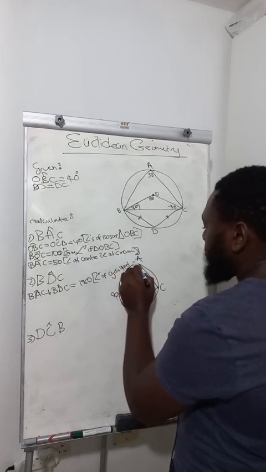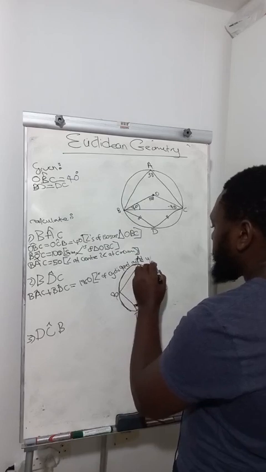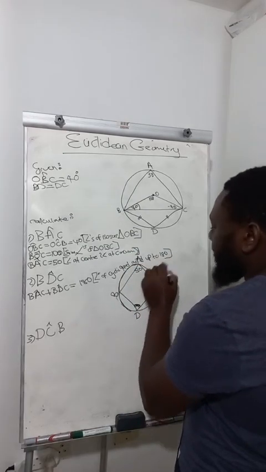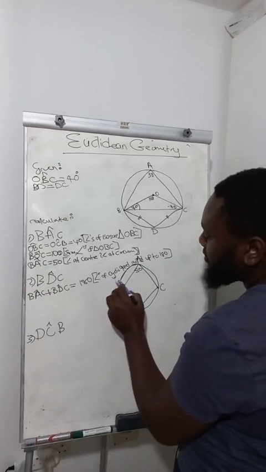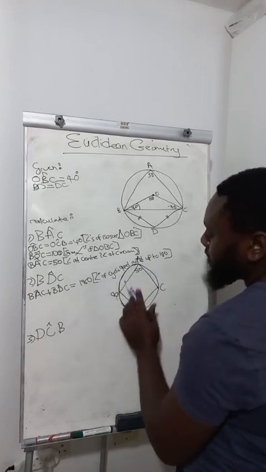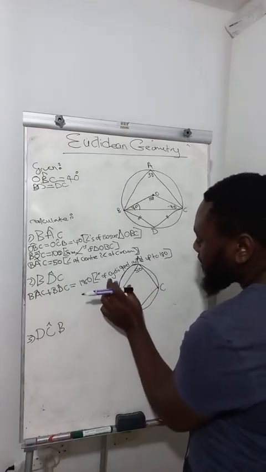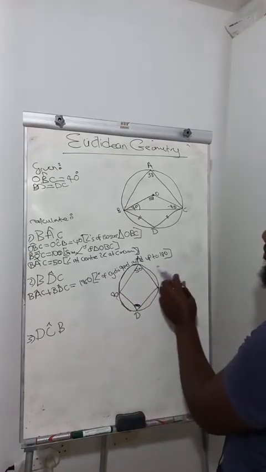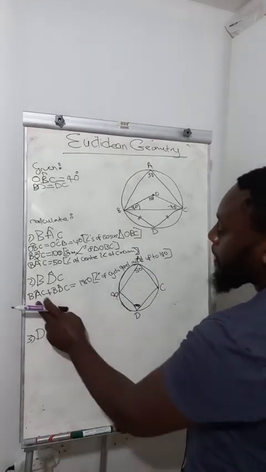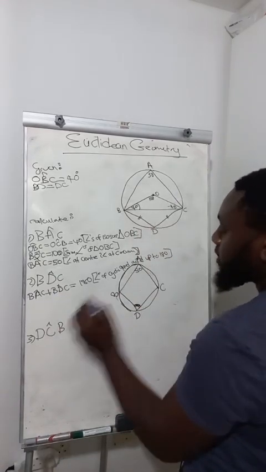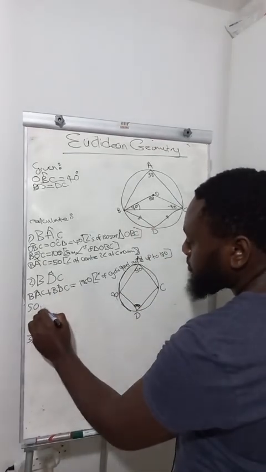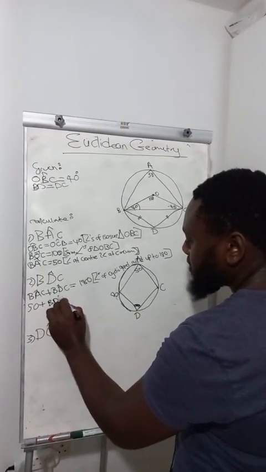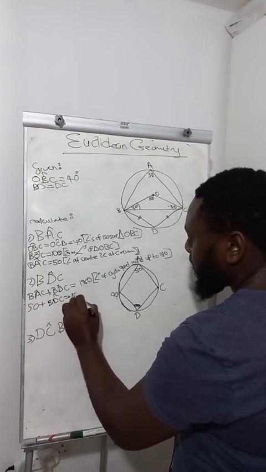They add up to what? But in short, you can just say angles of cyclic quad supplementary. You can write a short version of that. Just that here, I'm trying to show you how it came about. BAC is 50, plus BDC is equal to 180.